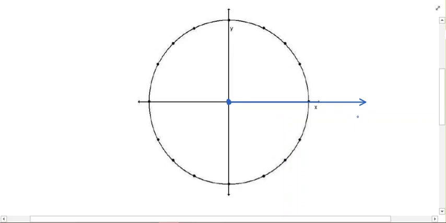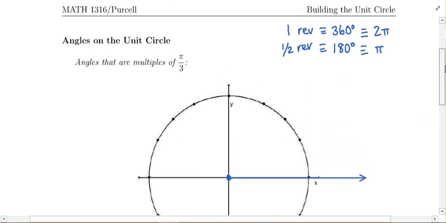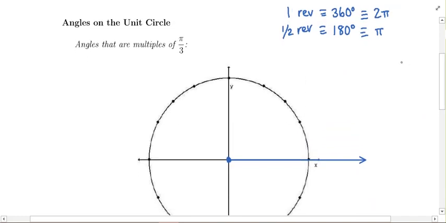If you go back and look at the complete unit circle, all the angles on there are positive. That means the rotation is going to be counterclockwise to get those positive angles. Right now I'm going to focus on half a revolution of the circle.